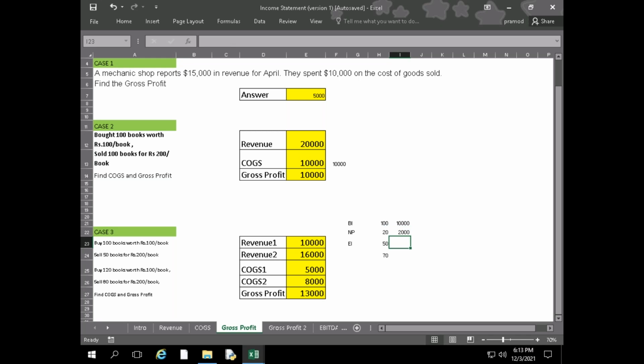For your end inventory, that is 50 into the price amount, 100. So here this beginning inventory plus your new purchase minus your ending closing stock, so your 7,000 is your income, meaning the COGS.